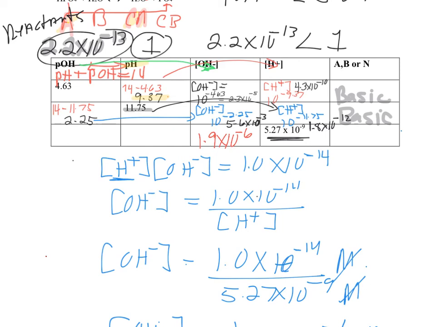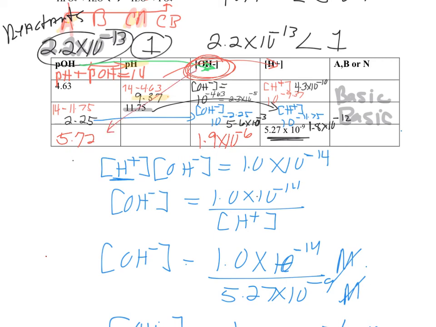Now, to get the pH and the pOH, I can just get the log of this. So the negative log of 1.9 times 10 to the minus 6 is 5.72. And the reason I put it here is because this was the OH, and so that's going to get me back to the pOH.